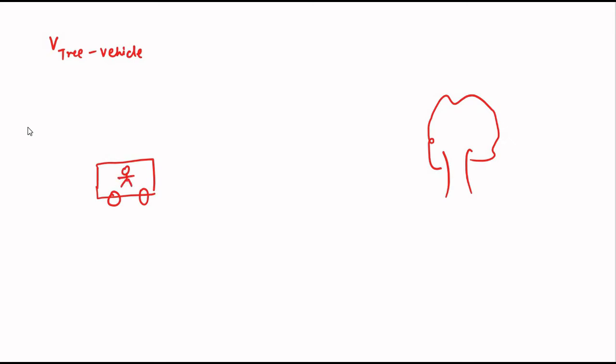So suppose we have someone in the vehicle, and this is the tree here. If someone sitting inside the vehicle visualizes that the vehicle is stationary, the illusion that is created is that the tree is moving towards it at a certain velocity.